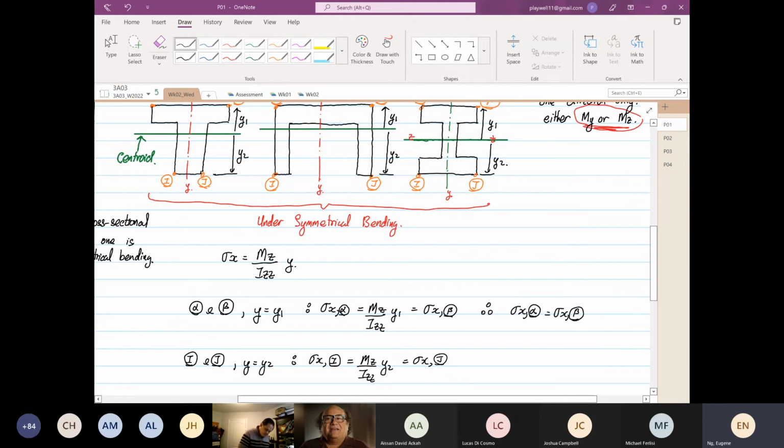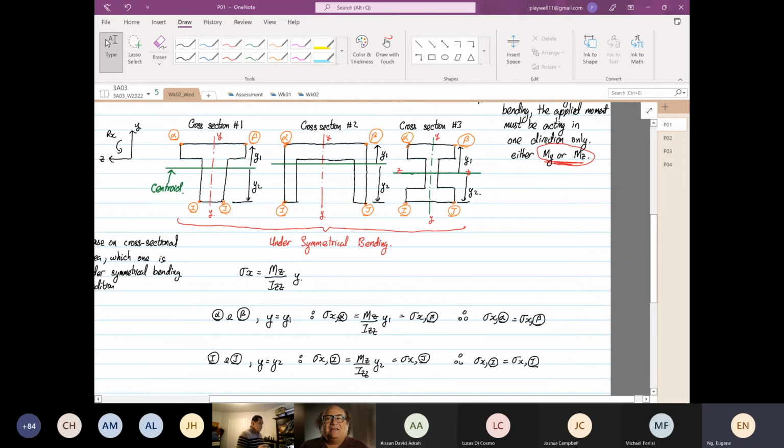So stress x at I is equal to stress x at point J.